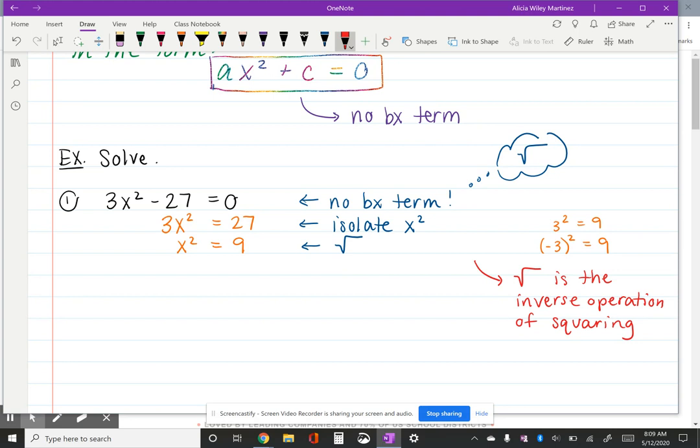So square rooting and squaring have the same relationship as adding and subtracting and multiplying and dividing. So if I have this x squared and I want to undo the squared by square rooting, because this is an equation, I have to also square root the other side. So I have to square root the 9 as well.